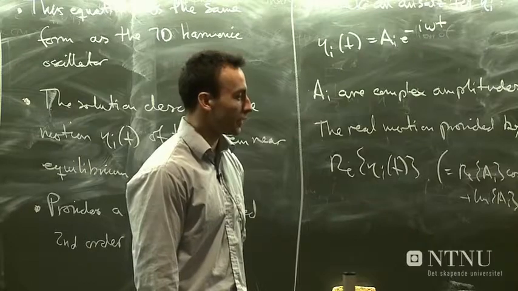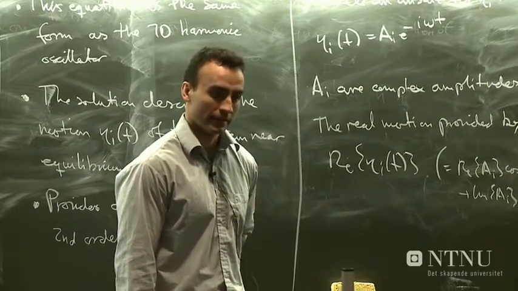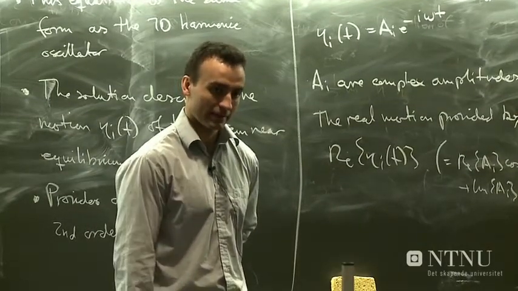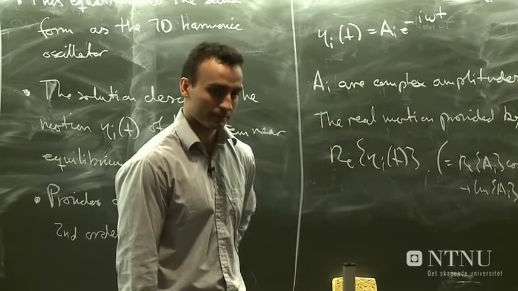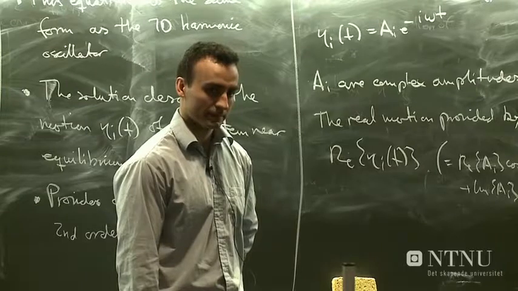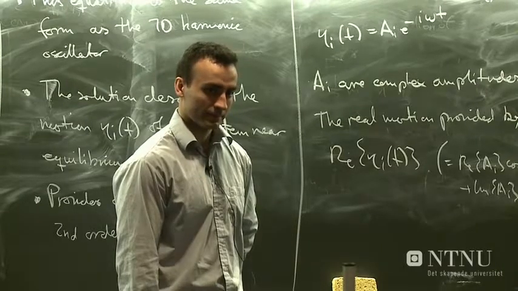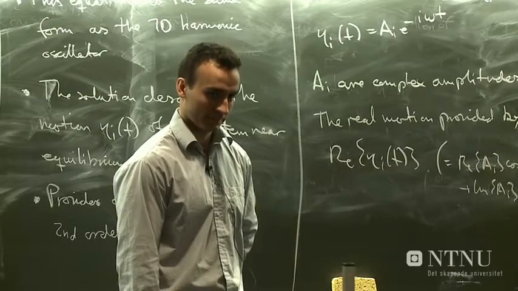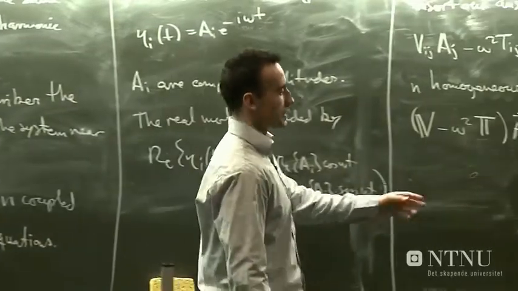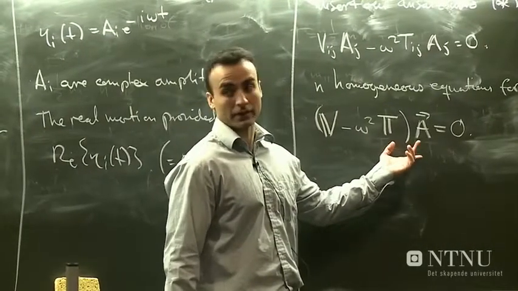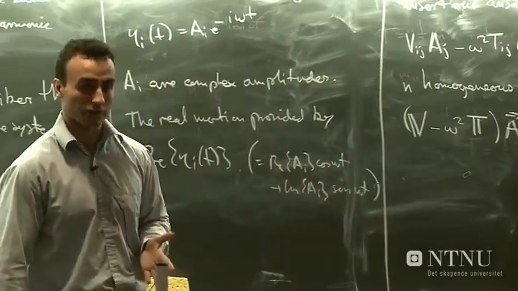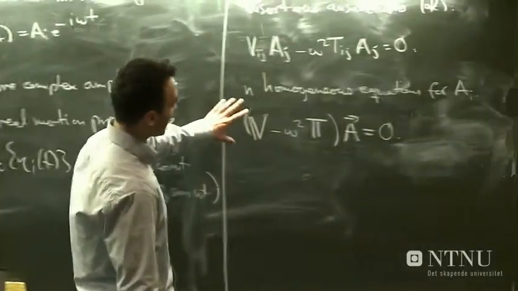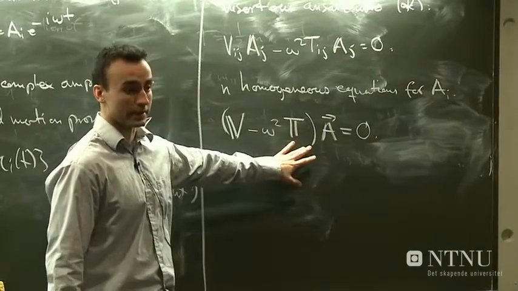Well, I see one obvious solution for A, which I guess you also see, yeah? If A is non-zero, and we want non-trivial solutions, we need the determinant of the coefficients to be zero. So the obvious solution is A equals 0. That is the solution. But as you say, if you want a non-trivial, non-zero solution for A, then we require this matrix to have a determinant equal to 0.